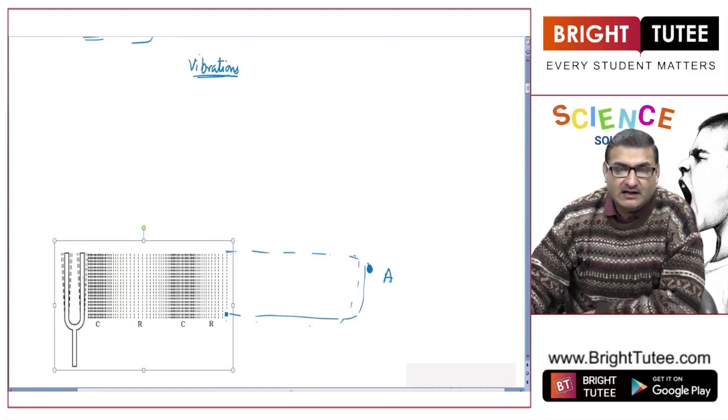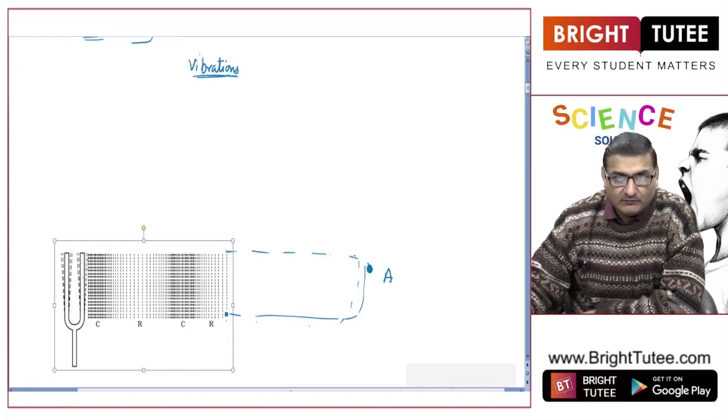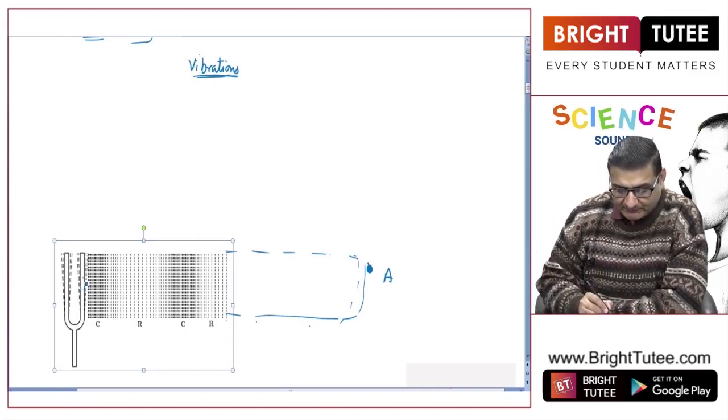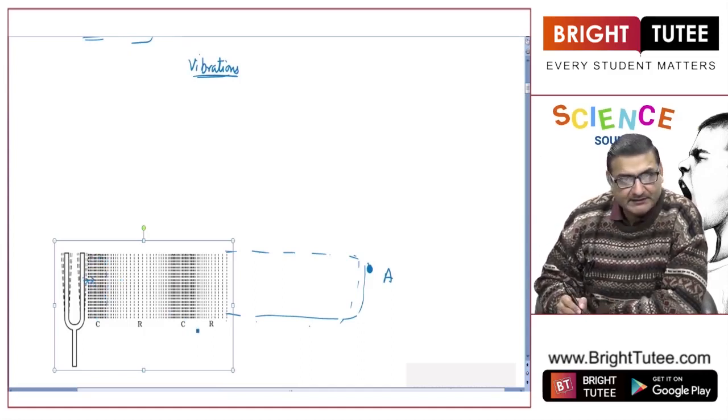But when sound is produced, this tuning fork, when it moves ahead a bit, pushes the air particles, right? So these air particles get compressed a bit.